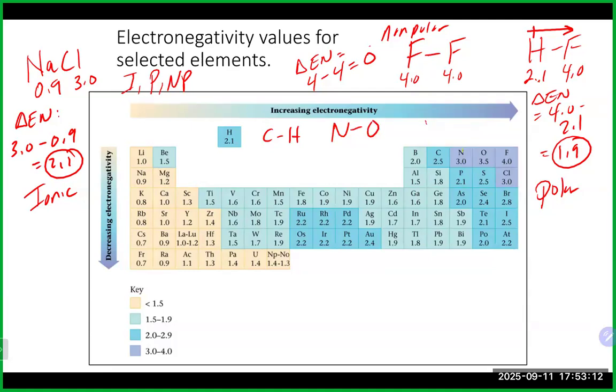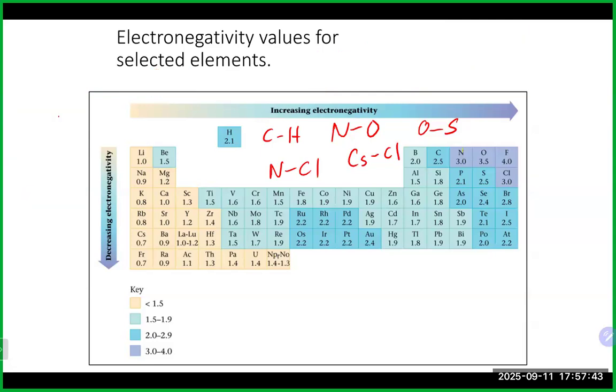Let's do oxygen and sulfur. Let's do nitrogen and chlorine. Let's do cesium and chlorine. All right, so for each of those, use the difference in electronegativity to determine ionic, polar, or non-polar here.